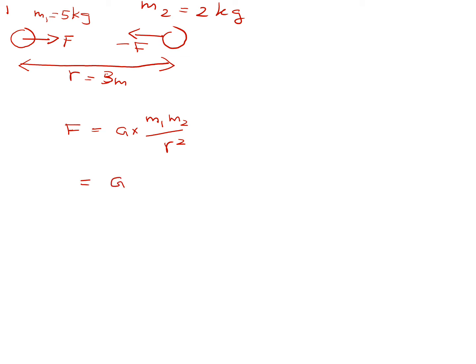So this is equal to G times 5 kilograms times 2 kilograms divided by r, the distance, square, 3 meter square, and you can substitute G from 6.67 times 10 to negative 11.